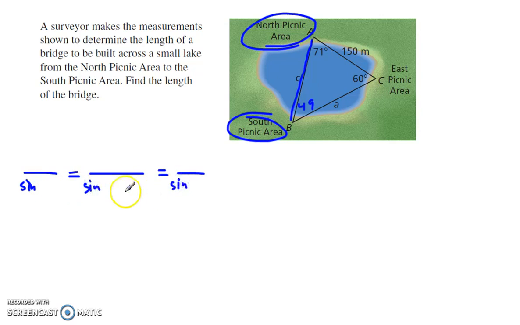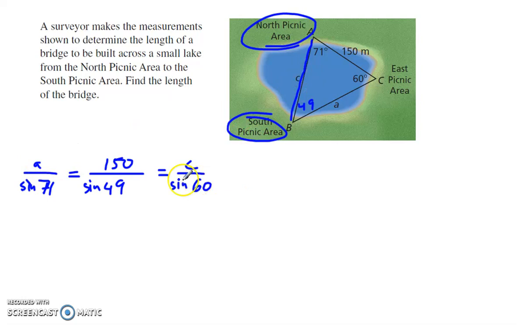Sine, everywhere a sine. So sine A, 71, sine B, 49, and sine C, 60. Okay, that's C. We know that B is 150, and this is A.